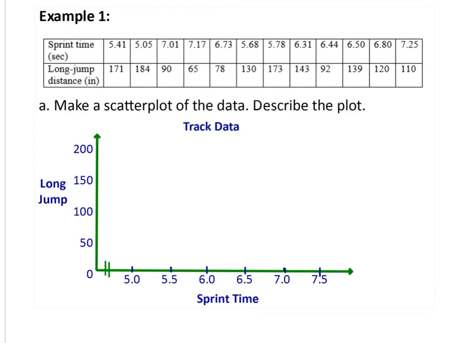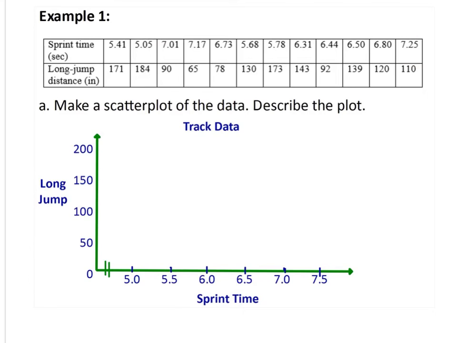For the sprint time, that's my x-axis, but the sprint times went from 5.05 to 7.25. So they were much more kind of condensed. So I set up my axis and I did a little break. So I started at 5 and I went to 7.5. Remember we talked about this. This helps us just kind of make our axes a little bit more user-friendly. And it helps me see the trend of the data better.